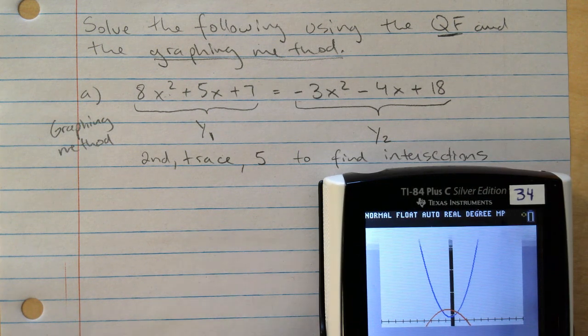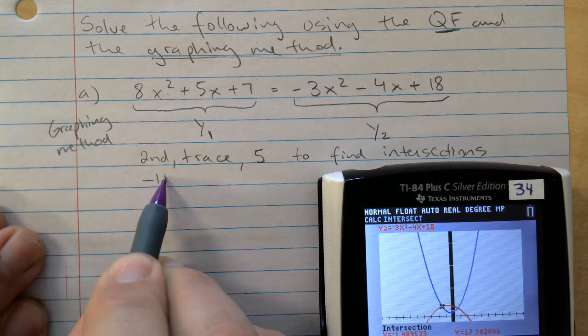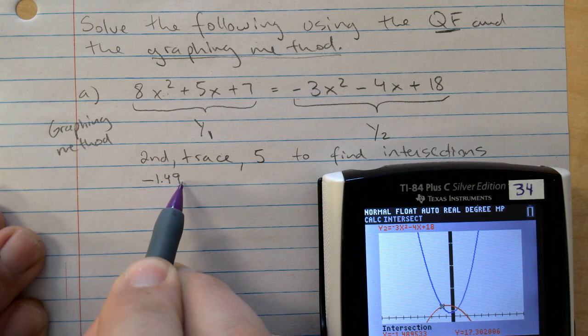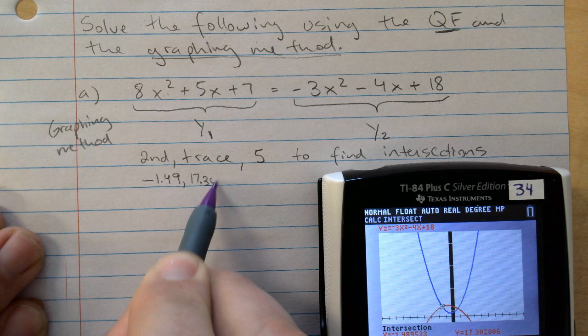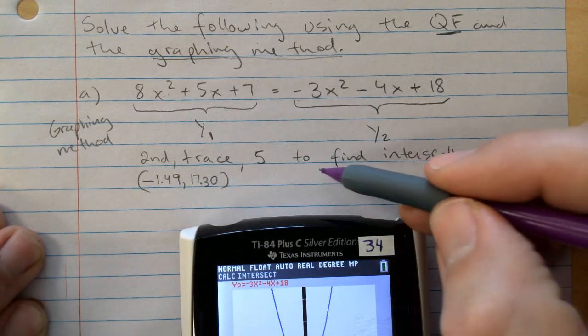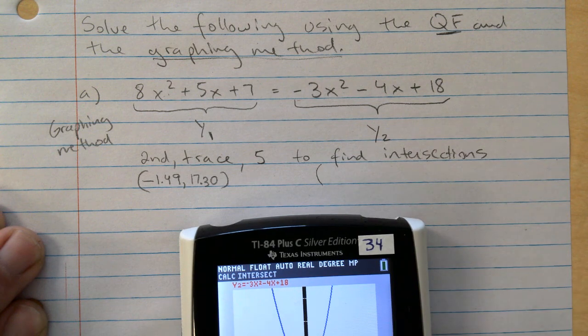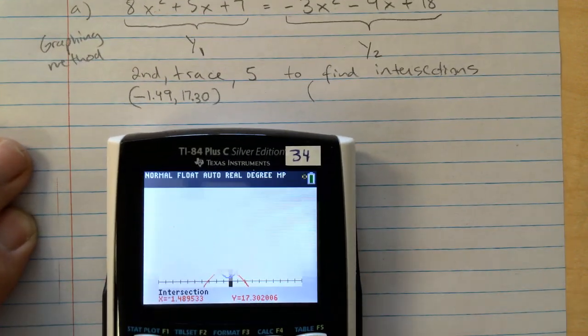So I'm going to go second, trace 5, and then I'm going to find the first one here, and that is negative 1.49, and I'm going to write down the y value as well. But that will actually be incorrect if that's your final answer. And then I'm going to find the second one.